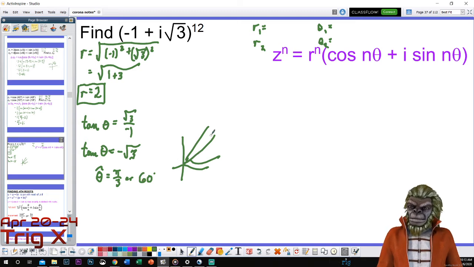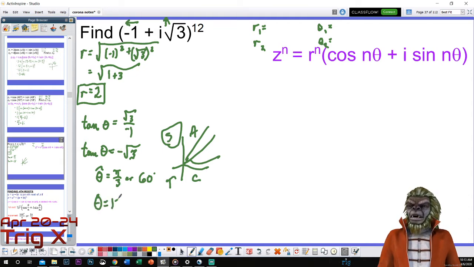Since this is in quadrant 1, however, this is not quadrant 1 because this goes left because it's negative, this goes up, that would be quadrant 2. Tangent should be negative here, which it is, so that's a good sign that I chose the right one. And in quadrant 2, I'm going to do 180 minus the 60. So my theta is equal to 120 degrees.